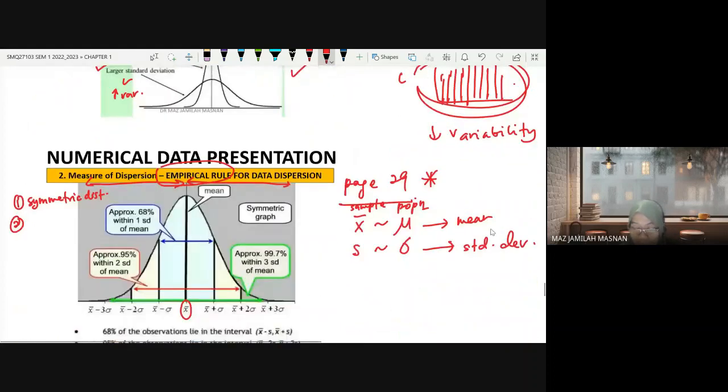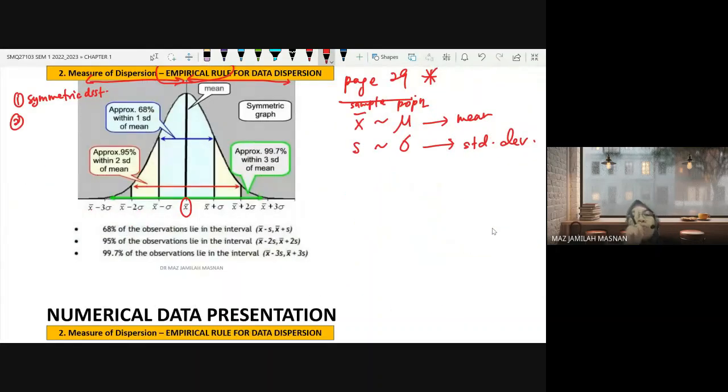So let's repeat using one standard deviation. For example, let's say X bar is equal to 25, and sigma or S is equal to, let's say, 1.5. You have X bar and sigma, meaning the standard deviation for the population, but the calculation is the same, so you don't have to worry about that.